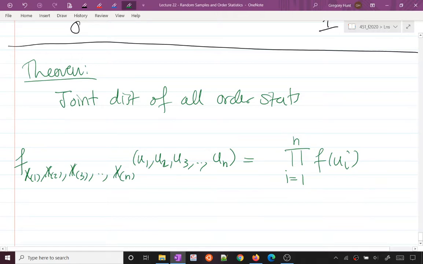If I stopped there, that would just be the joint distribution of the data. But what I do is I just multiply by n factorial. So it's basically the product of the marginals of the data times n factorial.